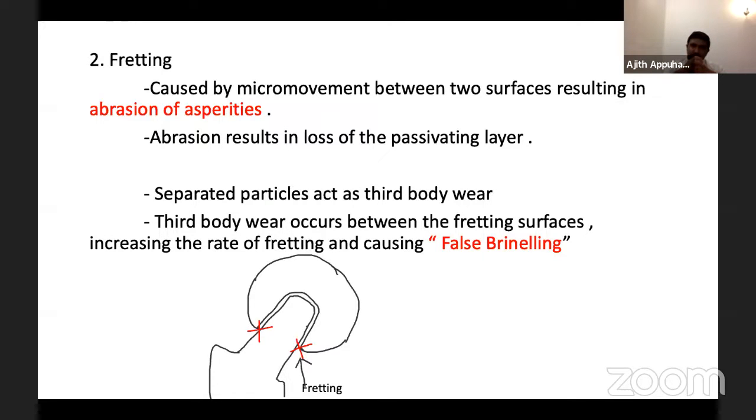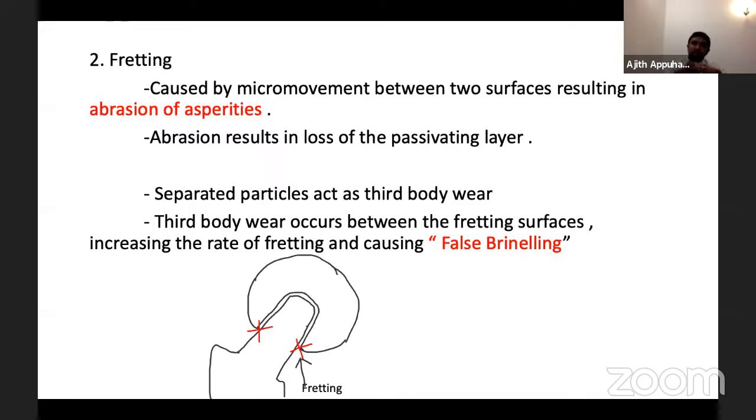What happens as a result of abrasion is it leads to loss of the passivation layer, because usually on the metal surface there is a passivation membrane. By removal of this passivation membrane, it leads to contact with the joint fluid. That will increase the corrosive mechanism and create an oxidized layer over that.